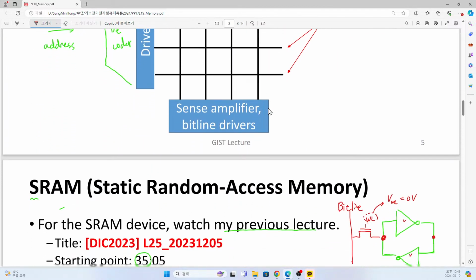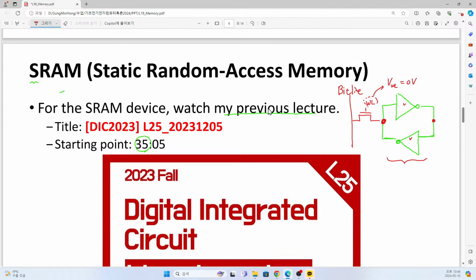So let me just come back. When we apply just 0 volt, then electrically this MOSFET does not play any role, so it is just kept at its static value. But when we apply, for example, VDD, then now these two nodes are connected.